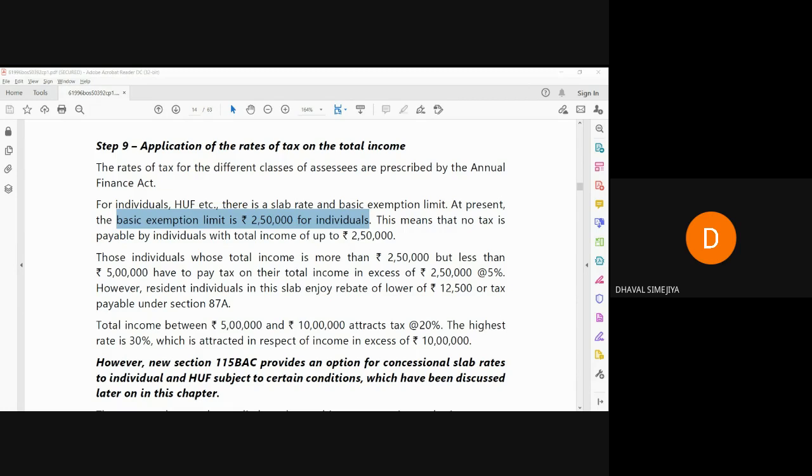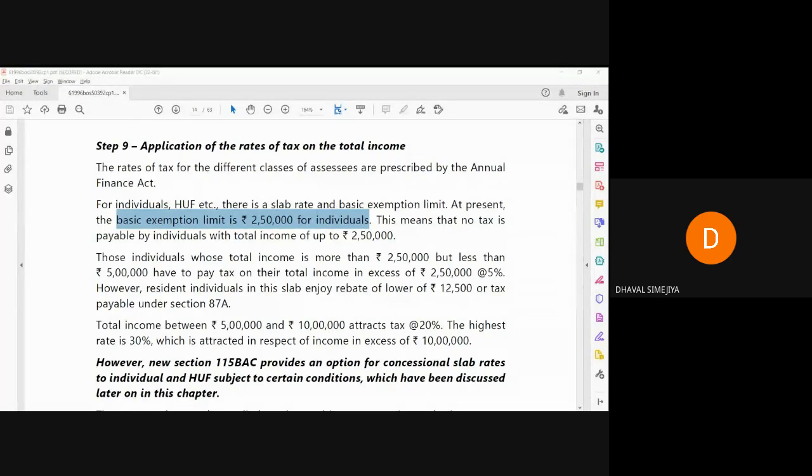But rebate under section 87A is the most important concept. If your total income is up to rupees 5 lakh, then you will be allowed a rebate up to 12,500 rupees of tax.